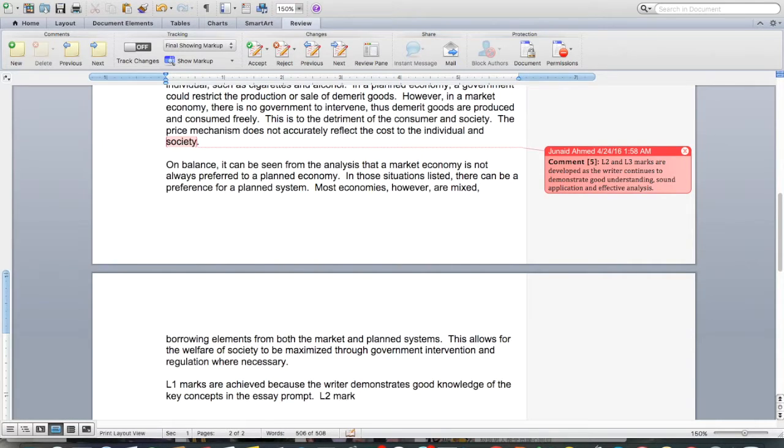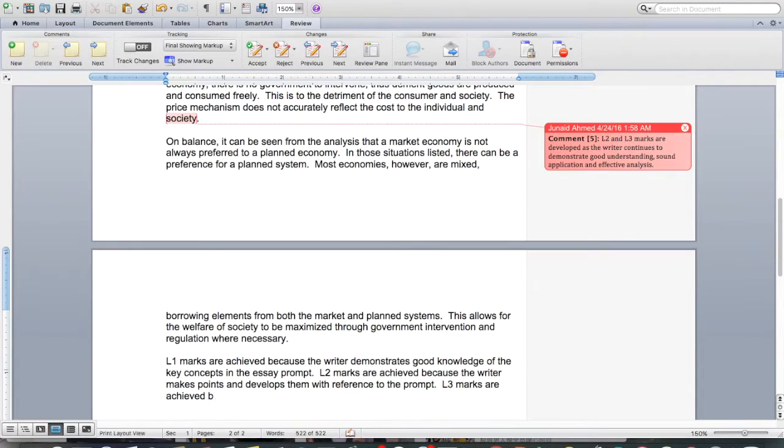L2 marks are achieved because the writer makes points and develops them with reference to the prompt. L3 marks are achieved because the writer argues their points with sound logic and reasoning.